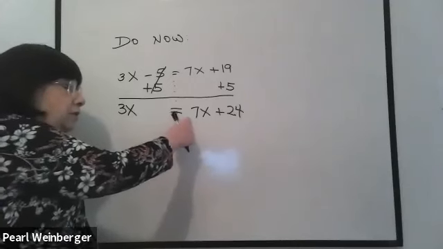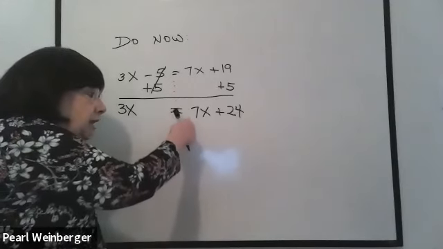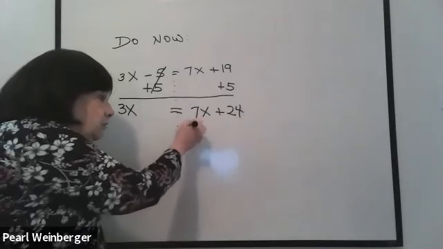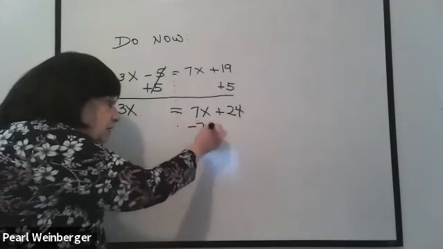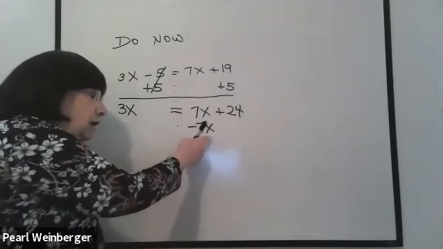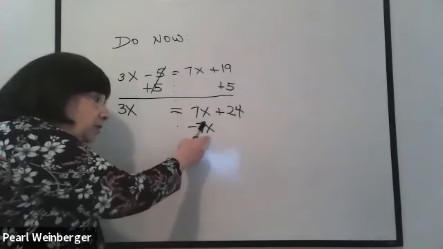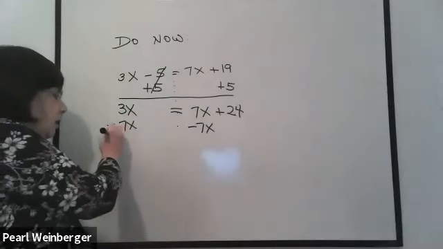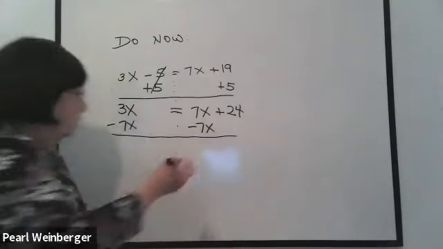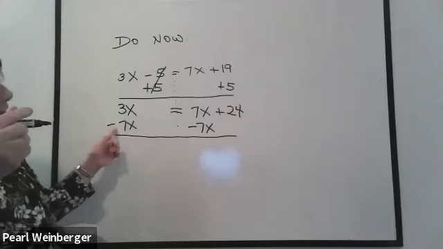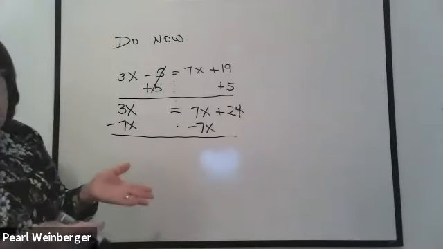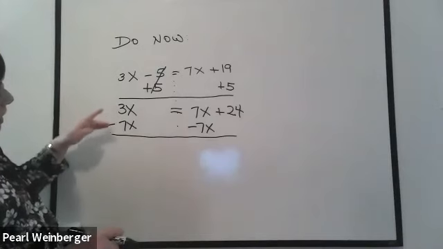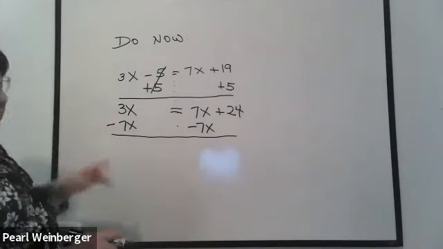So if I want to bring this to the other side, I have to use the opposite sign, that's inverse, which is minus 7x. But if I subtract 7x from the right side, I've got to do the same thing on the left side. Notice I put the negative 7x under the 3x because those are like terms. And now I combine 3x and minus 7x.